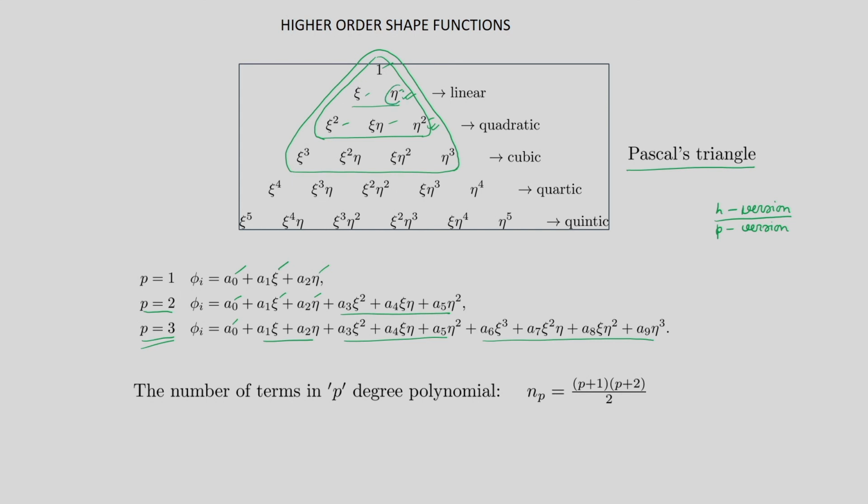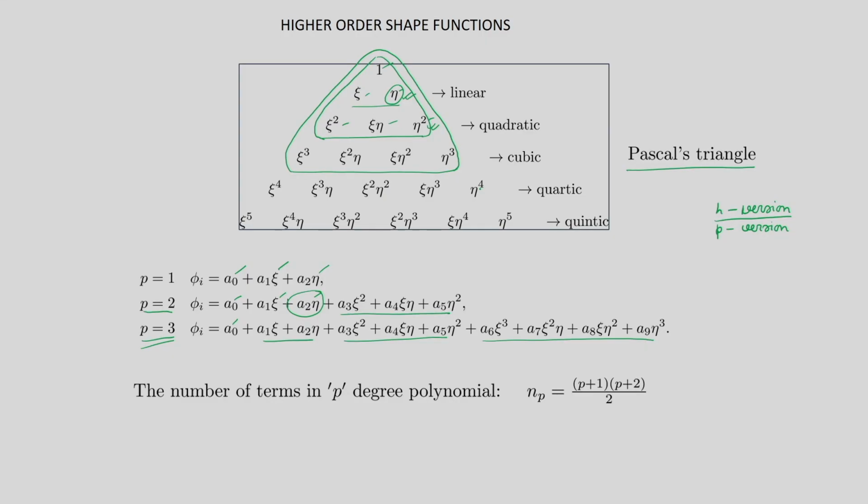Now, if we miss any of the terms, suppose for p equal to 2 we do not consider the term eta in the polynomial, then we can go ahead and do the simulation, but it will affect the rate of convergence, and in some cases it may not converge at all. So that is why we need to stick to this strategy, which has been designed to make the shape functions complete.